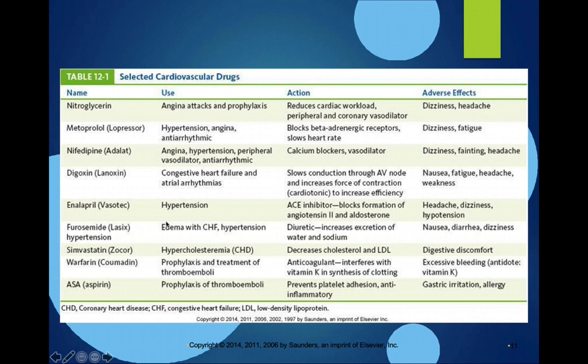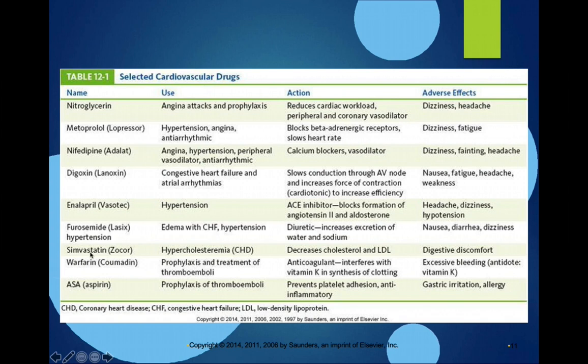This one is used for the edema, or swollen ankles, that's associated with hypertension. This is your diuretic. The problem with it, well, not the problem, it will increase the excretion of water and sodium, but there's a lot of neurological effects that can happen from this.